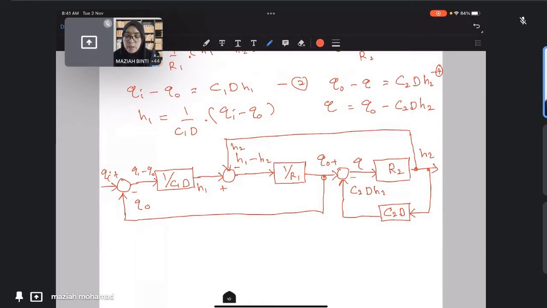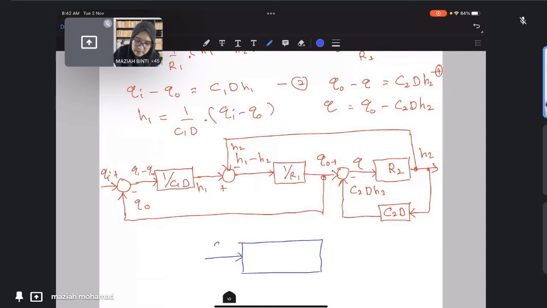Normally, we want to simplify this so that the system will be represented by only one block. The input is Qi and the output is H2.